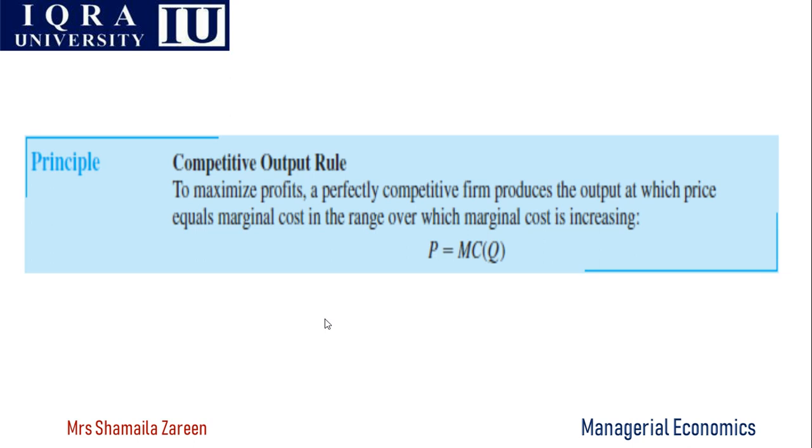This is the second principle of the competitive output rule, to maximize profits. A perfectly competitive firm produces the output at which price equals marginal cost in the range over which marginal cost is increasing. So price is the marginal cost.